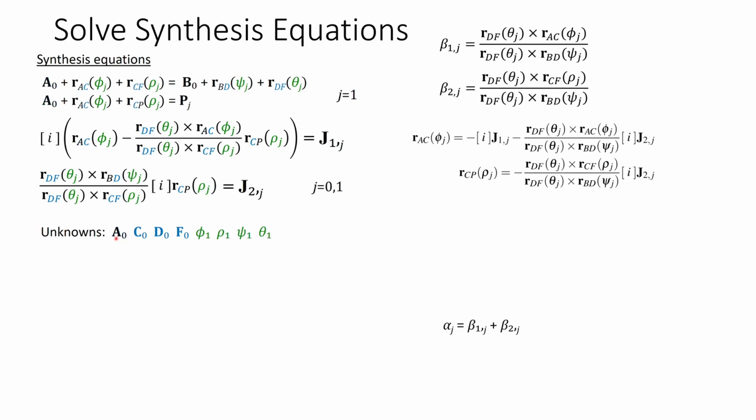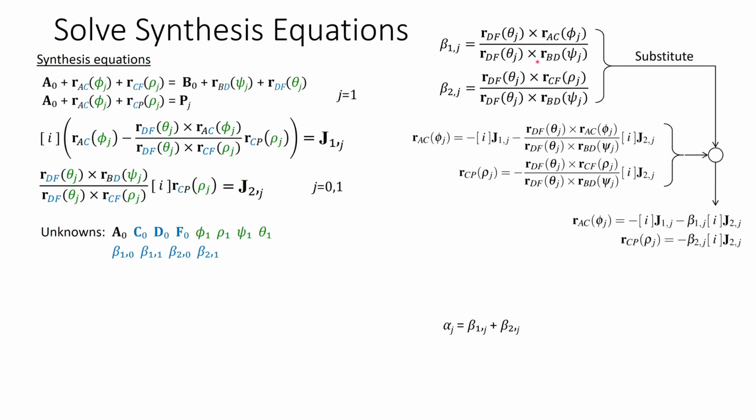Since A0 is now known, this is indicated by colorizing it in black. However, we've introduced four new unknown variables, the beta intermediate variables. To continue on, we substitute the beta expressions into these two expressions formed from the Jacobian entry expressions, creating these two new expressions.